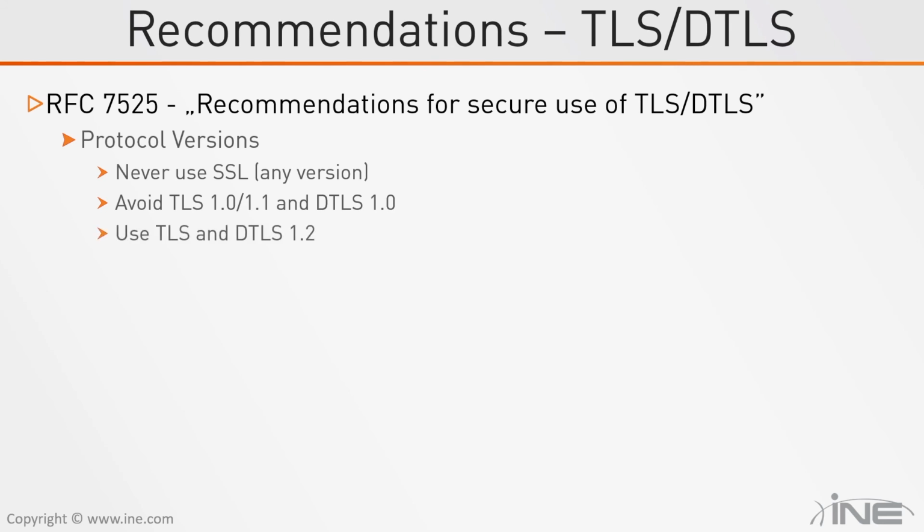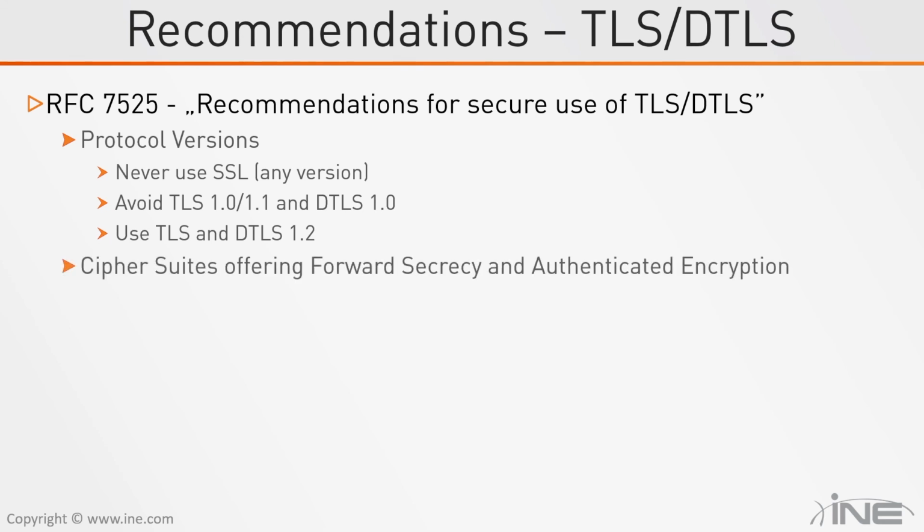So because of that, they say use TLS and DTLS versions 1.2, which is what will eventually allow you to run those Suite B and next generation encryption functions. Okay, and specifically in terms of the actual cipher suites, what they say you should be using is whatever provides forward secrecy and authenticated encryption.